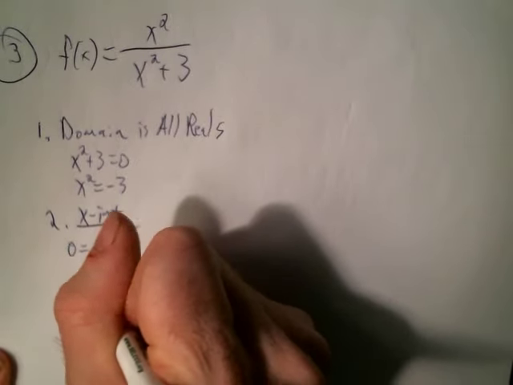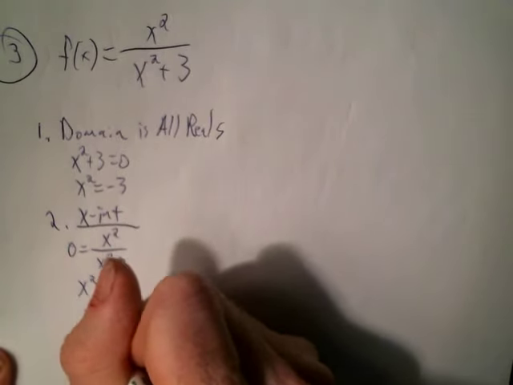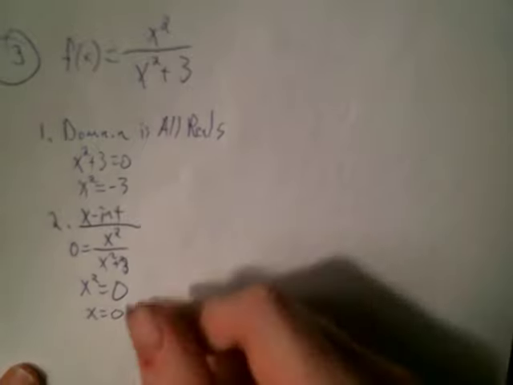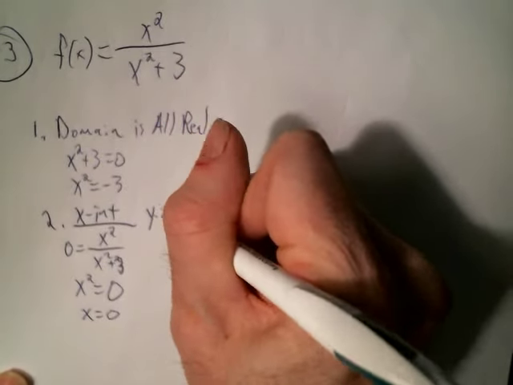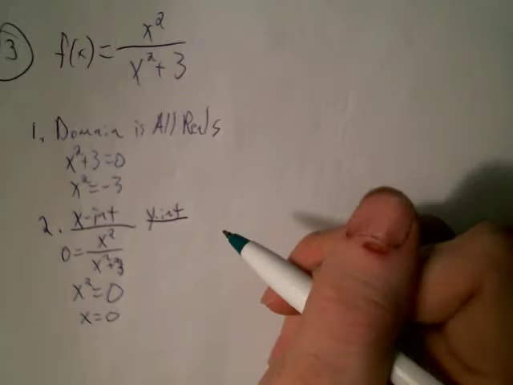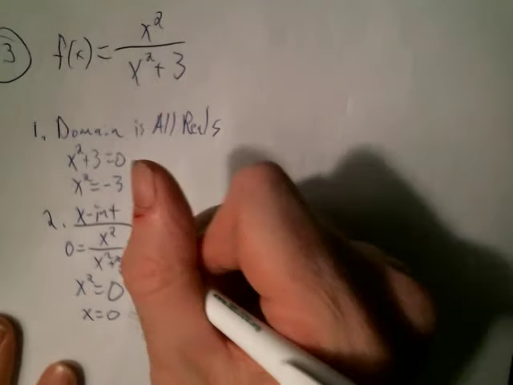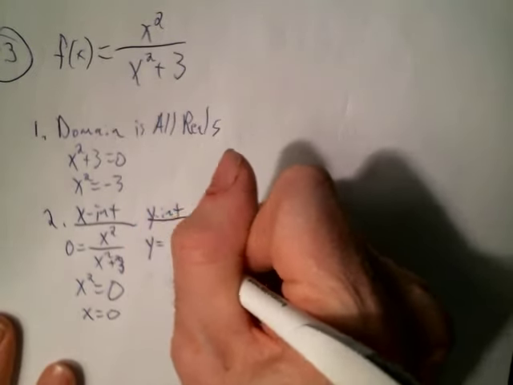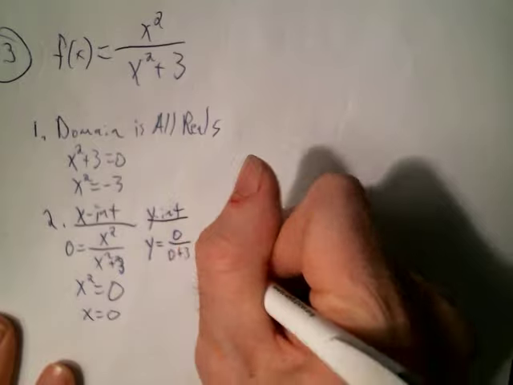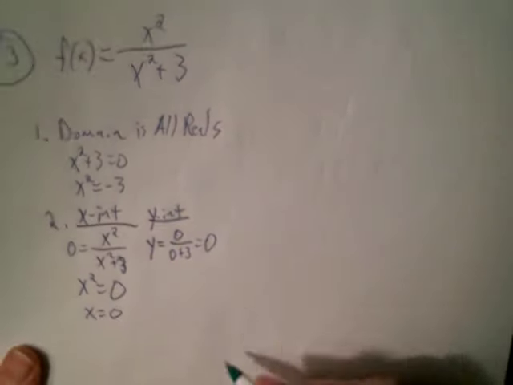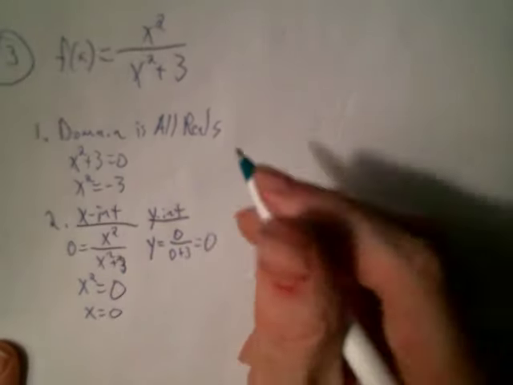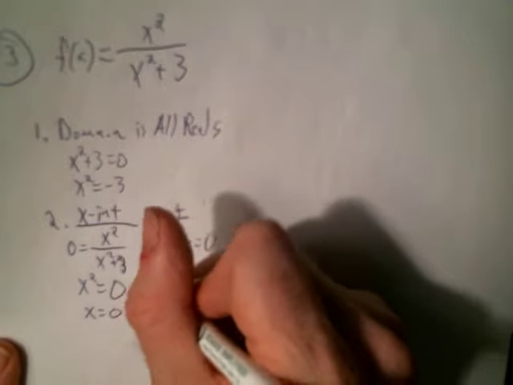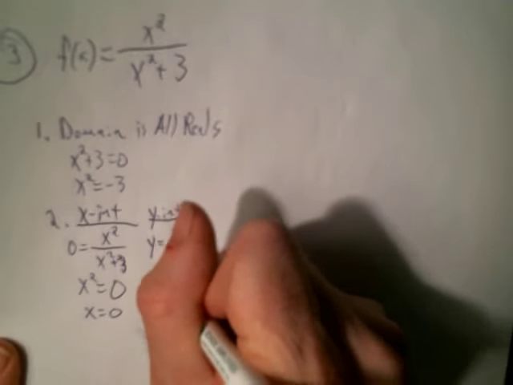So you're just finding where x squared is 0, and for us, that's just at 0. So the x-intercept is (0, 0). Get your y-intercept. That's where x is equal to 0. So y is 0 over 0 plus 3, which is 0. And then the vertical asymptotes are where the denominator is equal to 0, so there is no vertical asymptote.